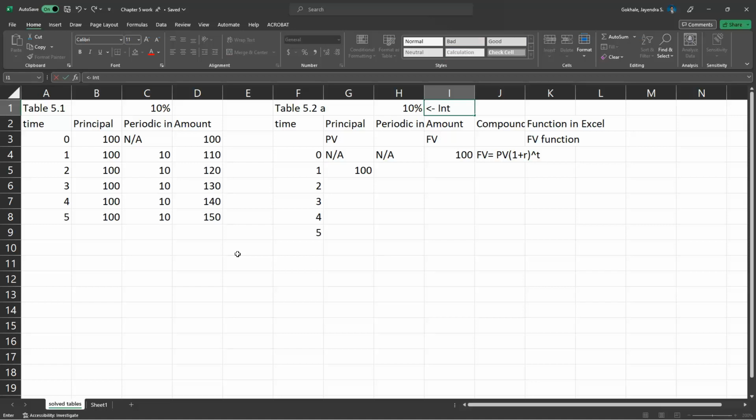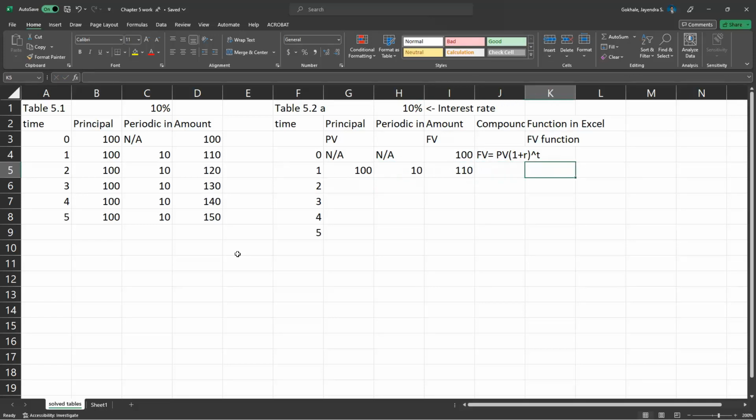So interest rate equals that times parenthesis 1 plus $H$1 to the power of, well, if it's the previous period, just that. But if we want to start with the first period, then we have to assign a power. So in this case, it's going to be power 1 to the power of 1. So we'll just leave it at that, 110. And the interest is calculated as a difference of these two values.